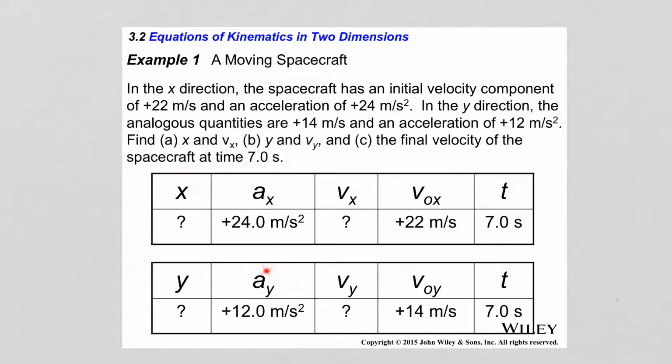I have the acceleration in y direction. I'm looking for the y component of the final velocity. I know the initial component of the vertical velocity, and I know the time of travel. So for each direction of motion, I'm looking for two unknowns, and I know the other three variables.